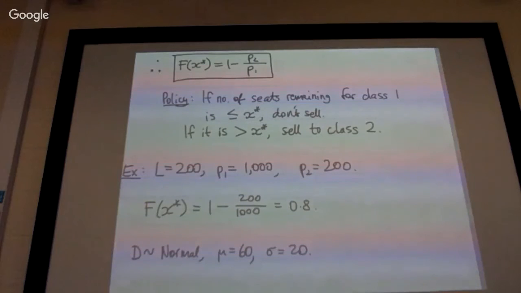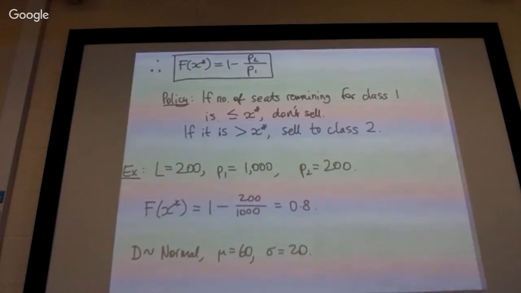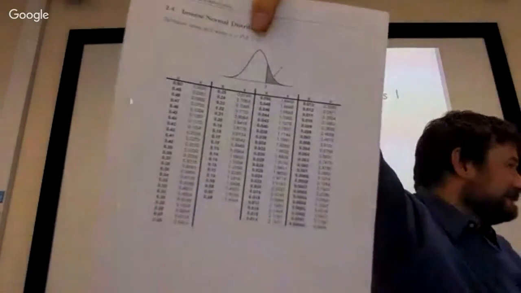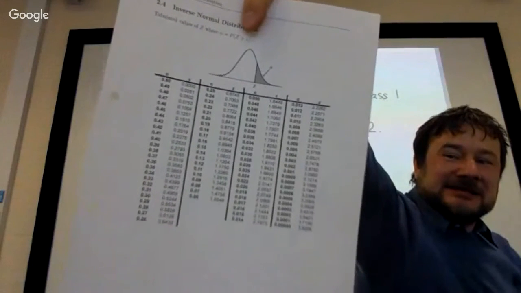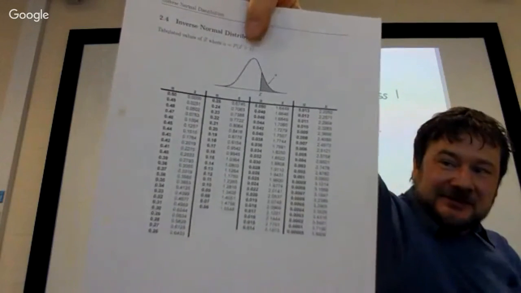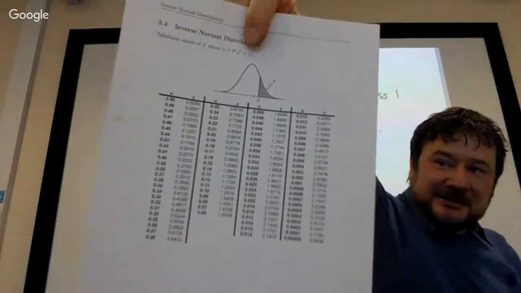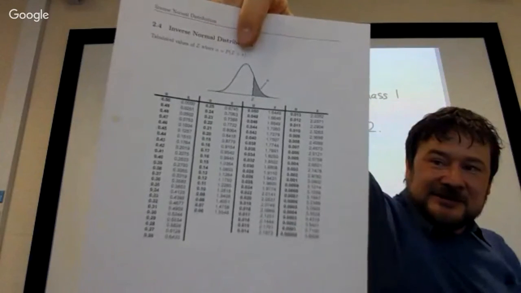Now I've got this table here somewhere. Can you see the table? This is the table, which can be found on Moodle. So when you look at 0.8, is there 0.8 in this table? No. So you have to look at 0.2 in that case because it's 1 minus. So 0.2 says 0.8416.